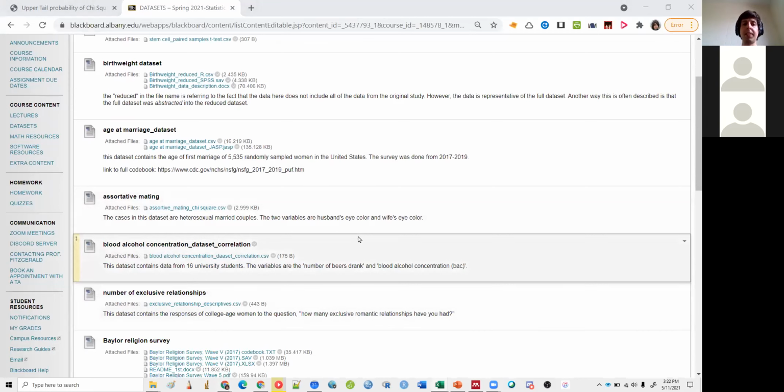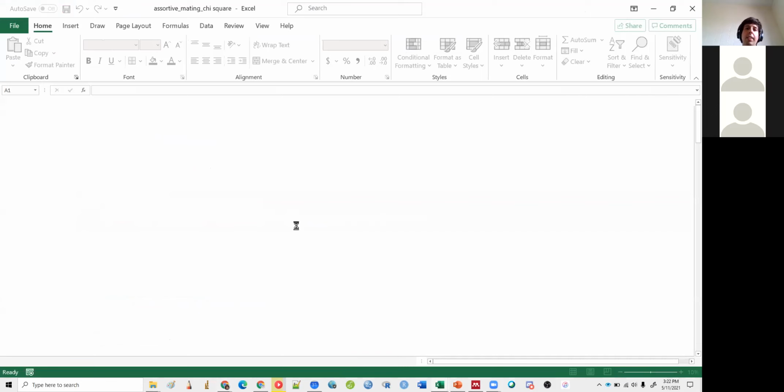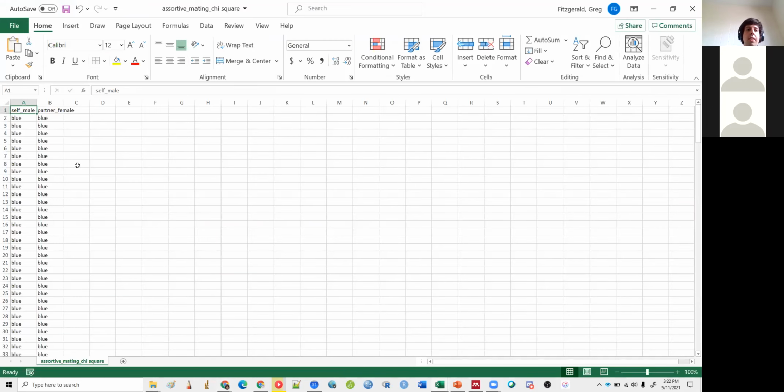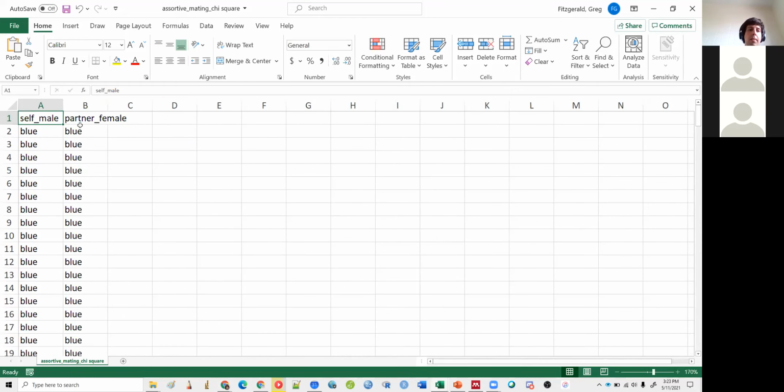Opening up a CSV file, that comma separated value file, it's going to show you something that looks like this. Remember, these are data from heterosexual married couples. What you have are the self-reported eye color of the male member of the couple and the self-reported eye color of the female member.